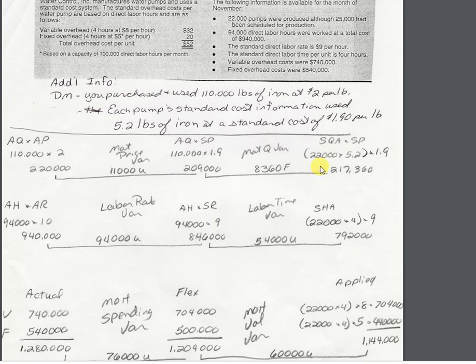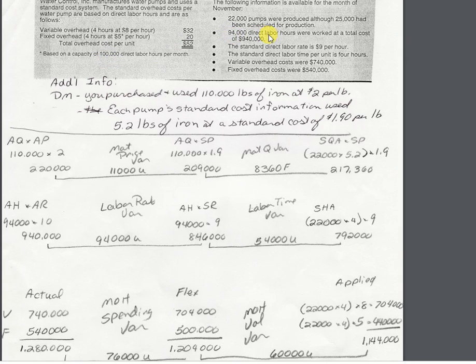Although 25,000 had been scheduled for production. So notice 25,000 was my budget. Each of them took 4 hours, so 25,000 times 4 hours gives me this 100,000. So they did not have to give me this right there. I could have figured that out myself without them giving it to me.